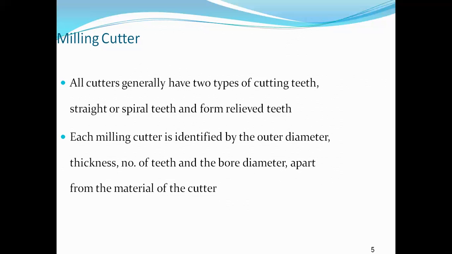This tells us the specification of a milling cutter. And the common feature among all milling cutters is straight or spiral teeth and form relieved teeth.